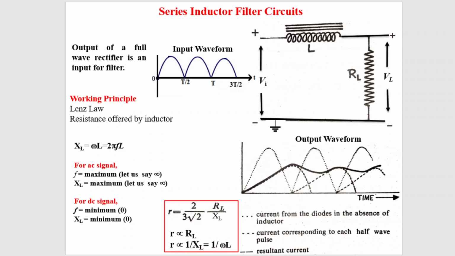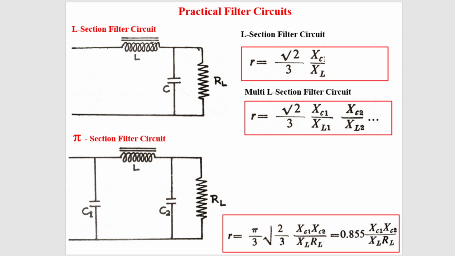So let us try to understand a few more filter circuits, which are known as practical filter circuits. This is not part of your syllabus, but I am giving just a brief introduction. So this is known as the L section filter circuit, and this is known as the pi section filter circuit.